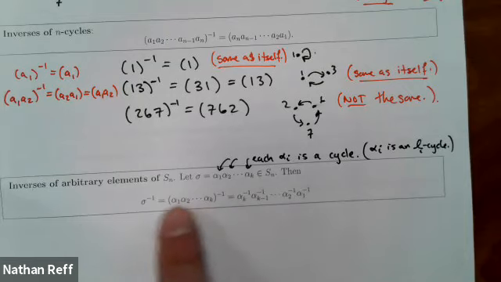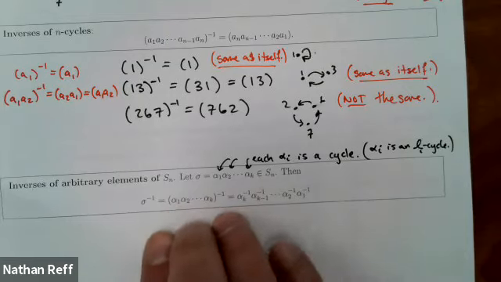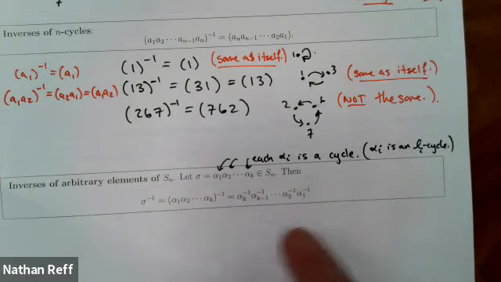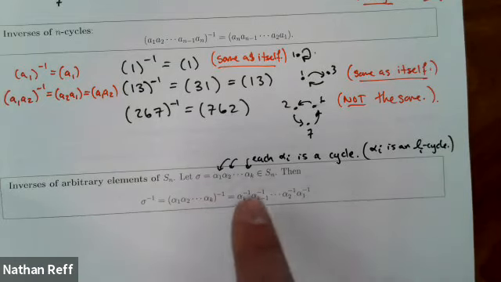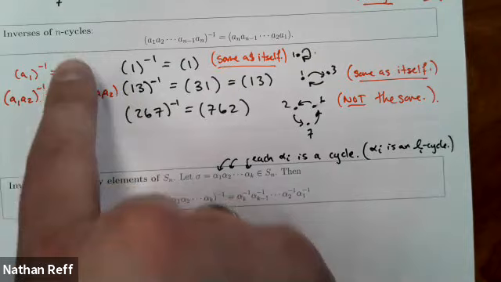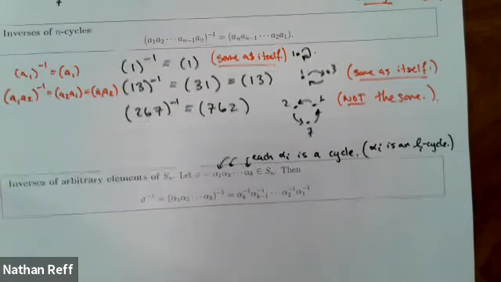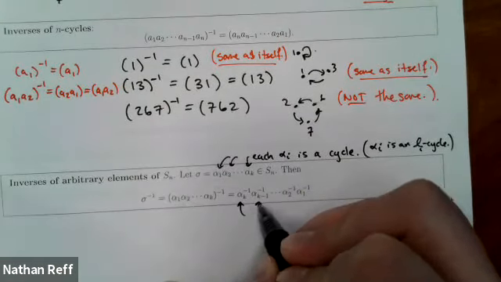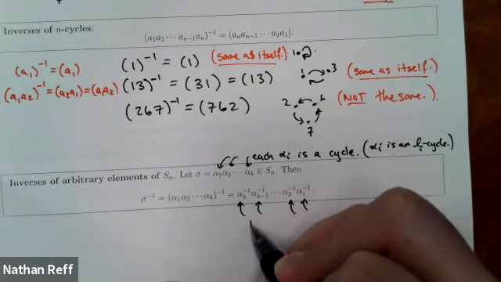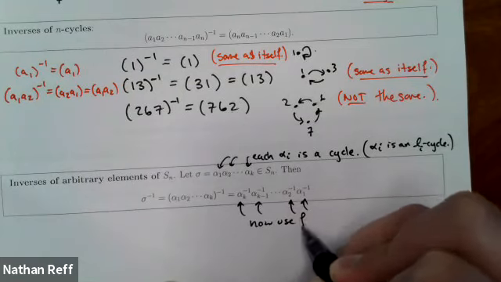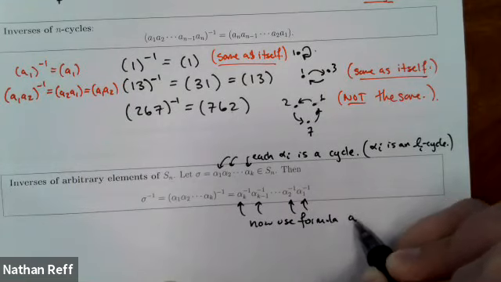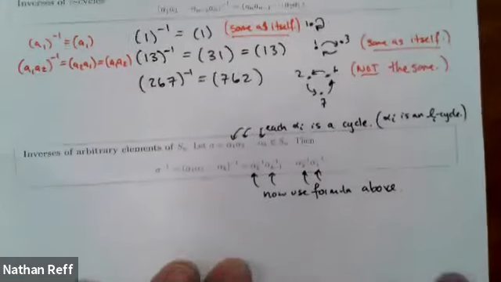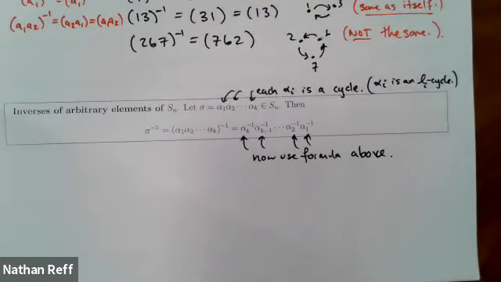So we have k of these products. To take the inverse, you just rewrite them in opposite order, and then use the formula above.